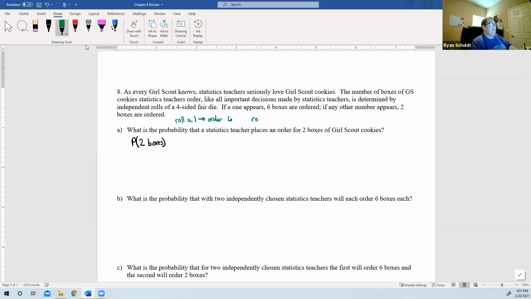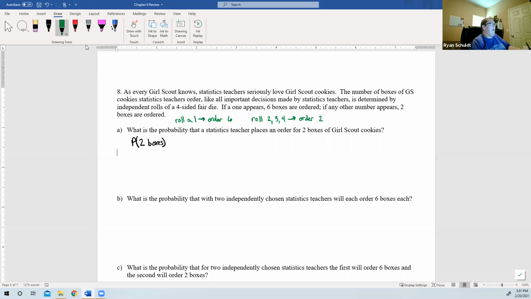If I roll anything else, that means I roll a 2, 3, or 4, I order 2 boxes.